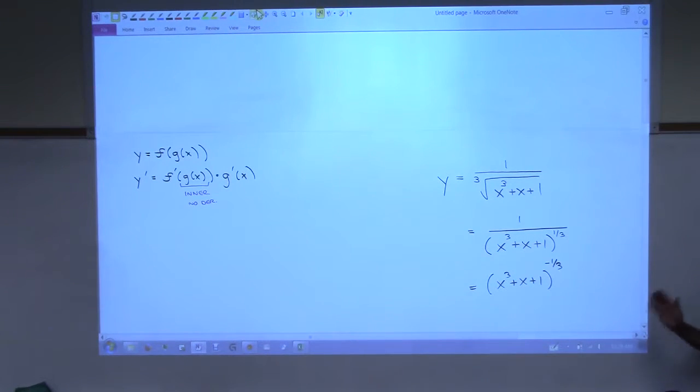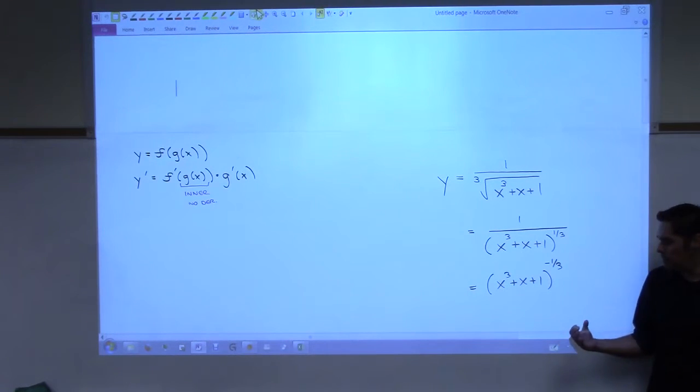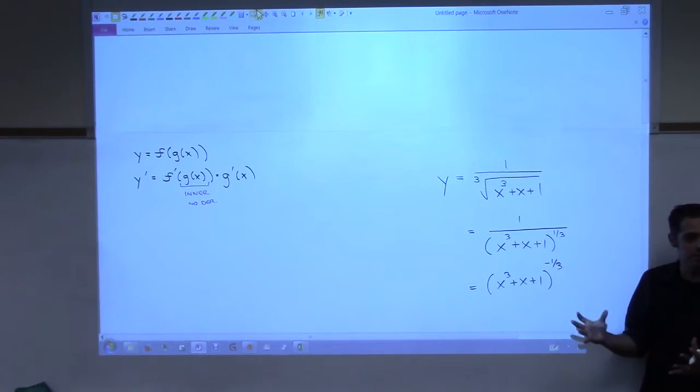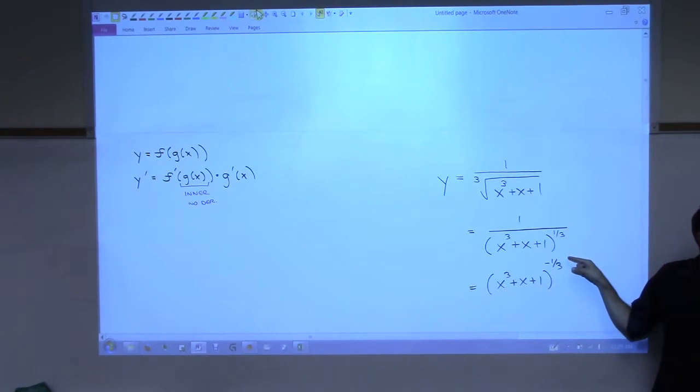And now if you look at it this way, do you see an inner and an outer function? Do you see composition? What would the inner function be? X cubed plus x plus 1. What would the outer function be? Something to the negative 1/3, right? Do y'all see that?